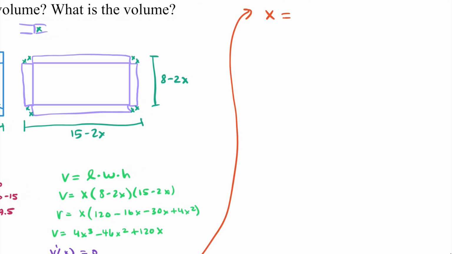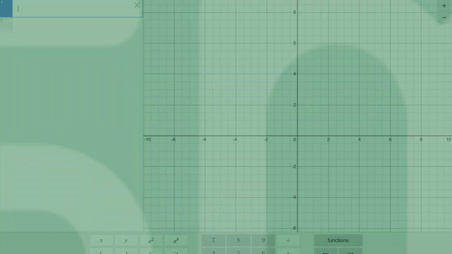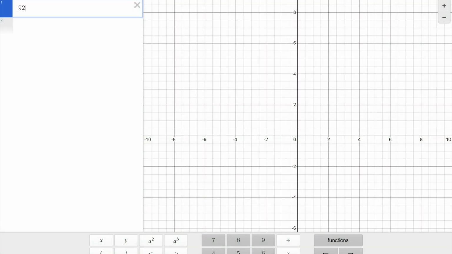So x equals negative b plus or minus the square root of b squared minus 4ac, all over 2a. X equals negative b, so 92 plus or minus, and oops, it won't let me do Desmos. I'm just going to flip-flop. I'm surprised it won't let me do two screens at once.